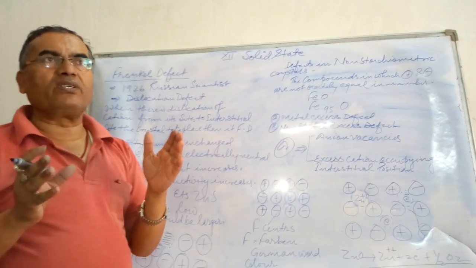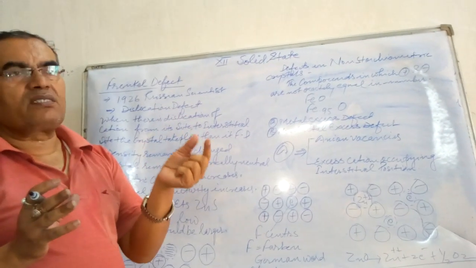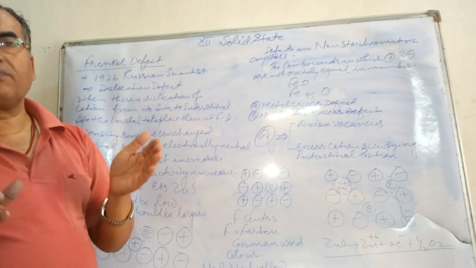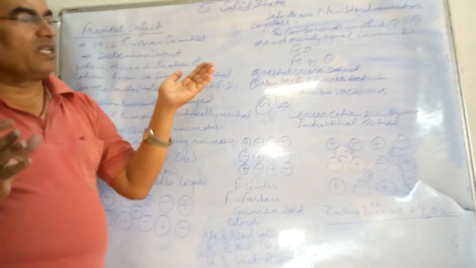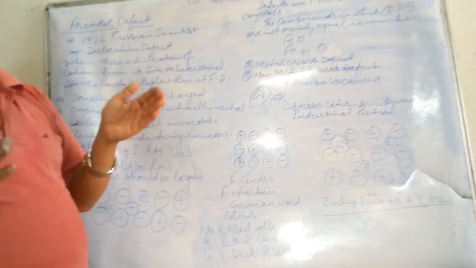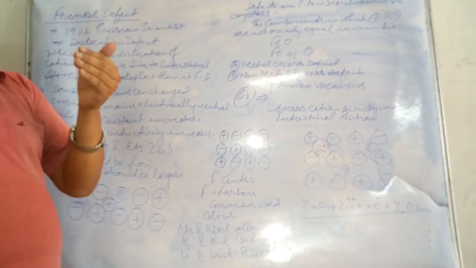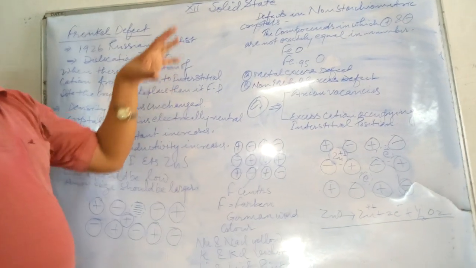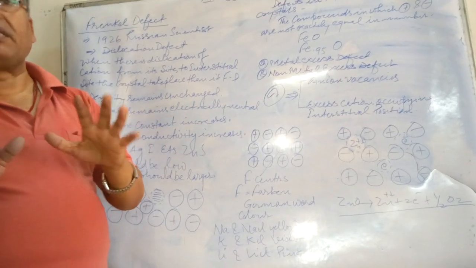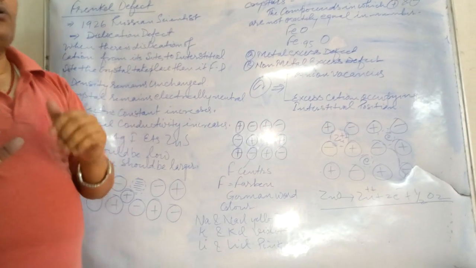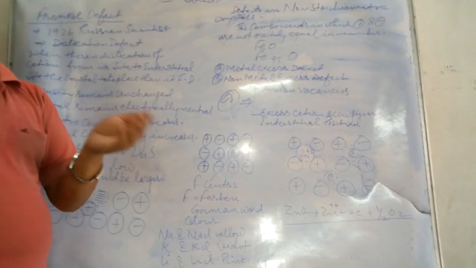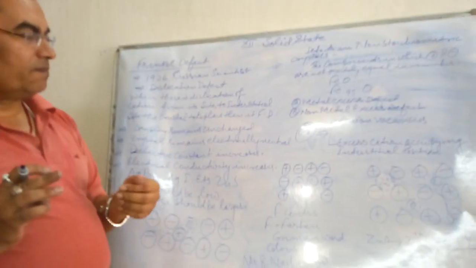Due to the formation of holes, the crystal increases its electrical conductivity, correct? And the dielectric constant of the crystal remains unchanged. Such defects are shown by crystals like KCl, NaCl and cesium chloride, etc.